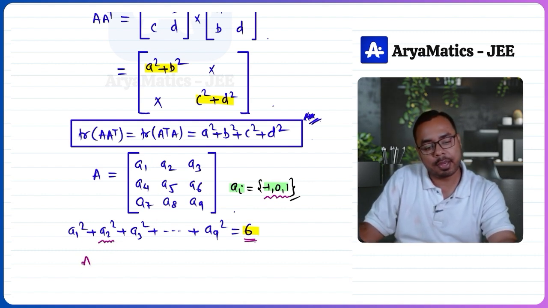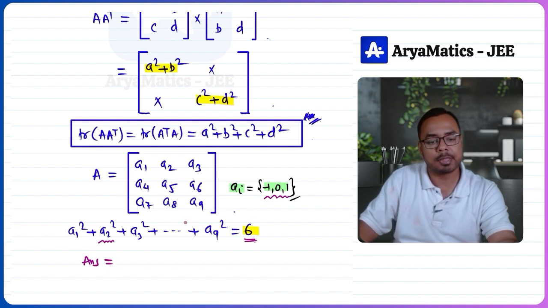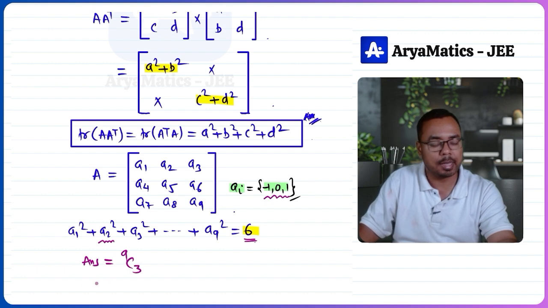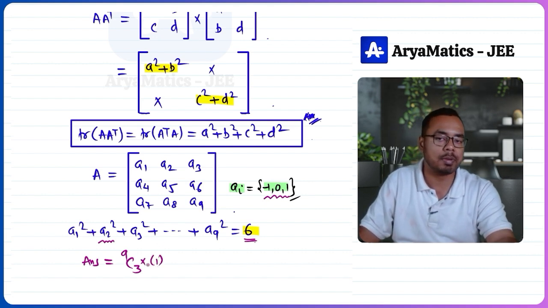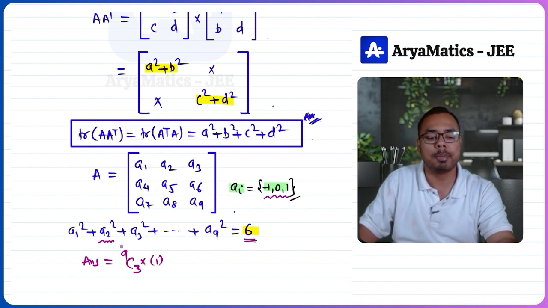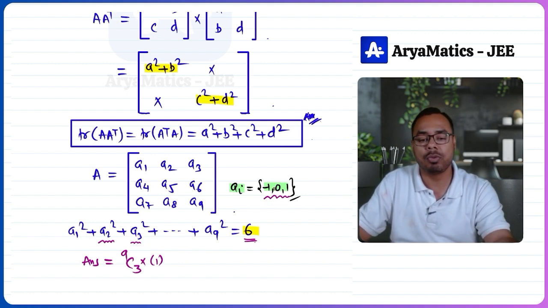So here, if we need number of matrices satisfying this condition, then out of these 9 variables, select any 3 variables, and for that we have only one option. We have to make those variables 0. For example, let us say we have selected a1, a2, and a3. So we'll make these 3 variables 0. And then for remaining 6 variables, we have two options.